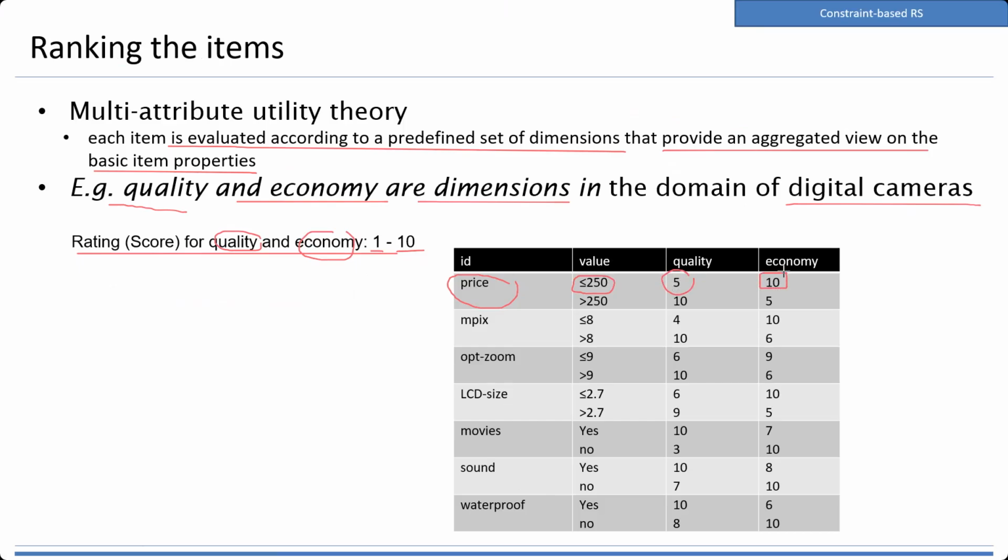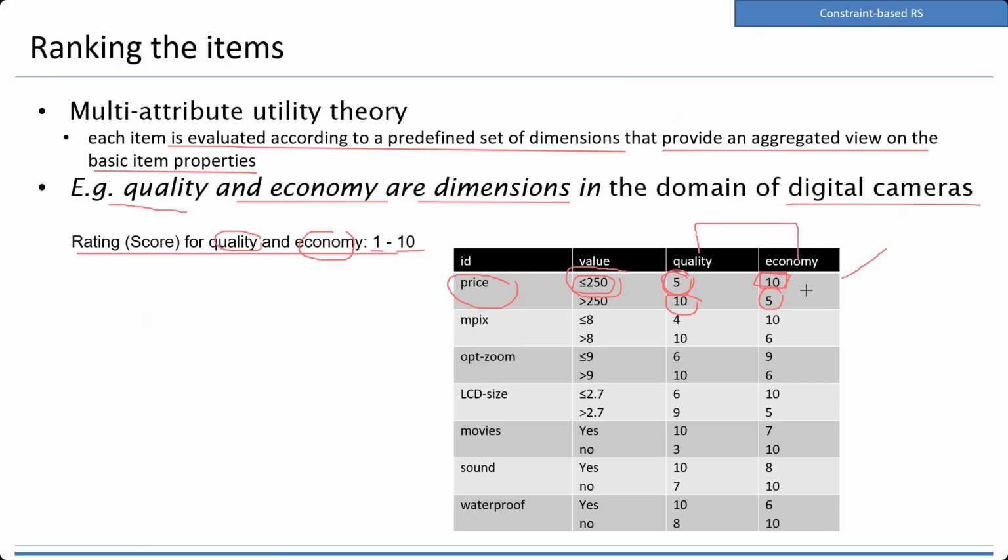A higher price is maybe related to high quality, but the economy is low. If it is a low price, the quality may be low, but the economy is high. So it is a trade-off between quality and economy.